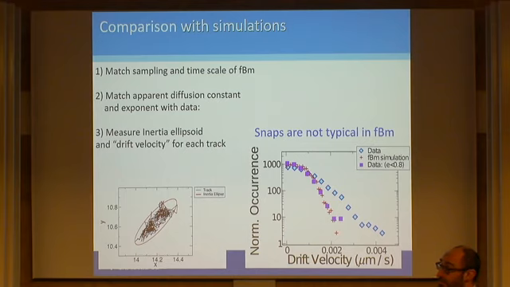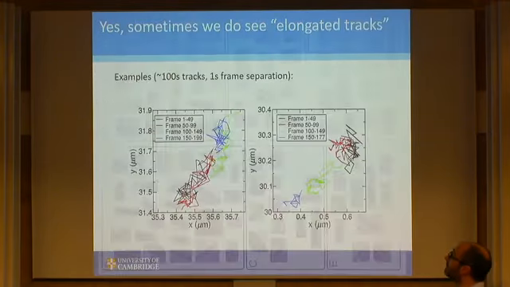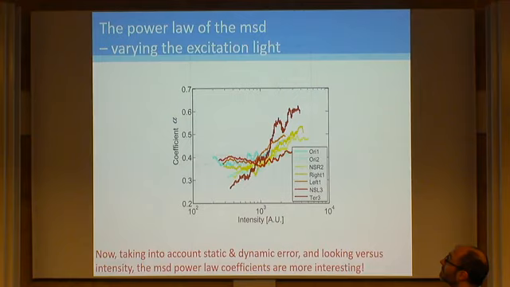Okay, so I have some questions and some comments. We analyzed many tracks, not on this system, but on yeast. My collaborators did the experiments and we analyzed the data, and we also found a large spectrum of alpha. I saw that you reduce this to 0.5, and I understand that you have this beautiful peak.